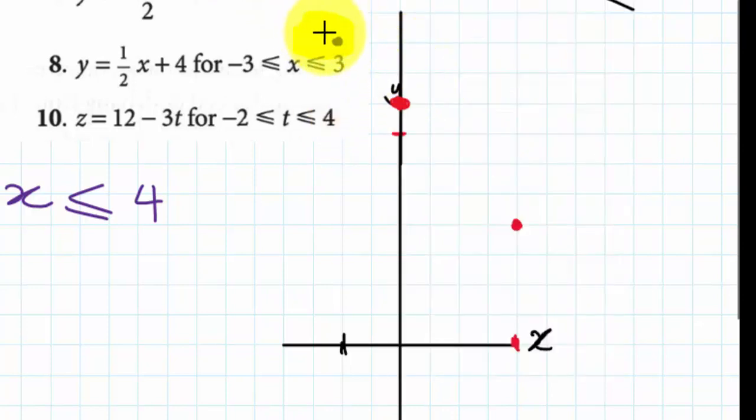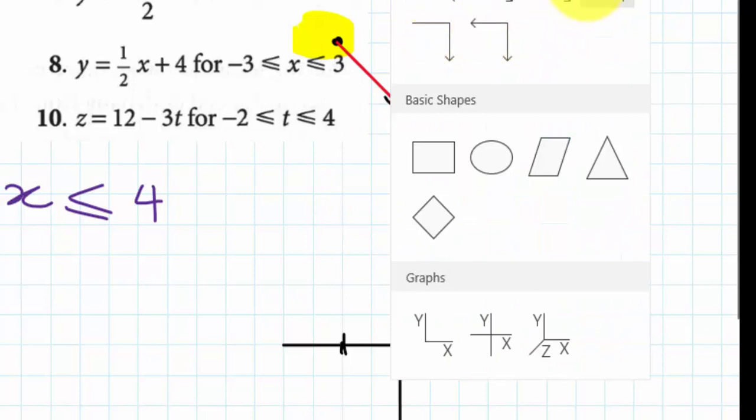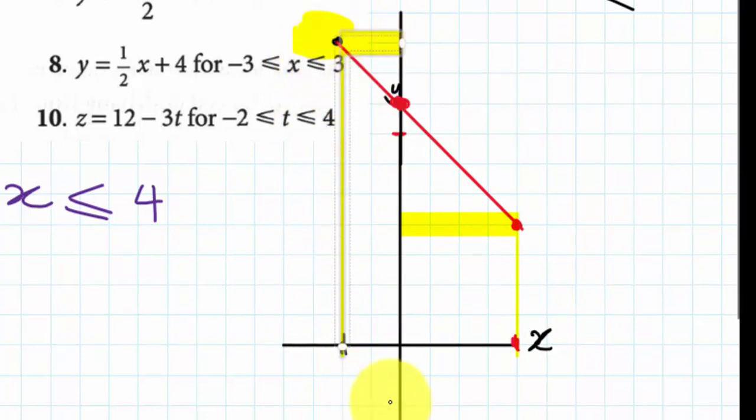Now, by joining them with a straight line, the line shouldn't pass -2 on x-axis and 4. So here, as you see, the line is opposite 4 in the beginning, and it's opposite -2 on the other end.